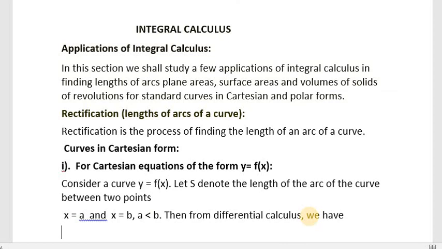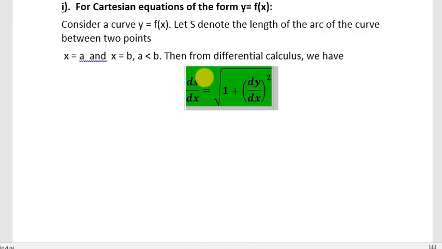Then from differential calculus we have the derivative of arc length, that is ds by dx is equal to square root of 1 plus dy by dx whole square when the curve is of the form y is equal to f of x.